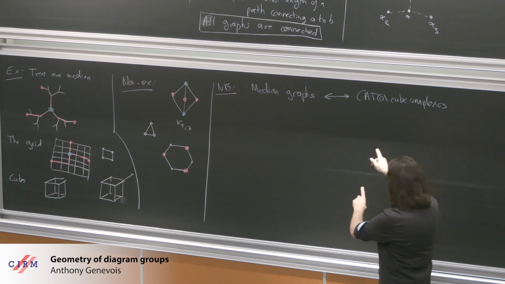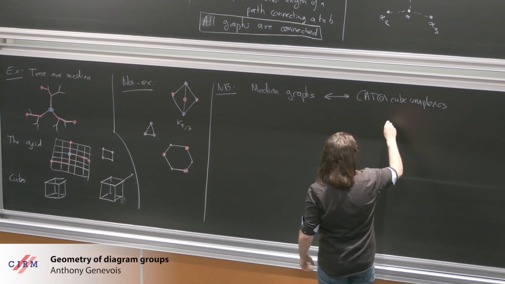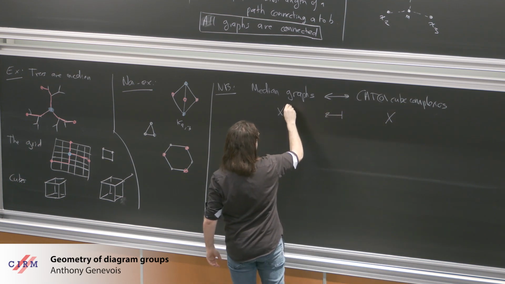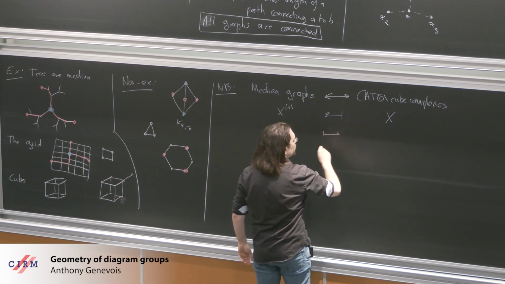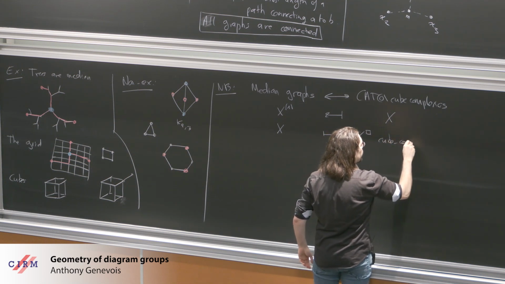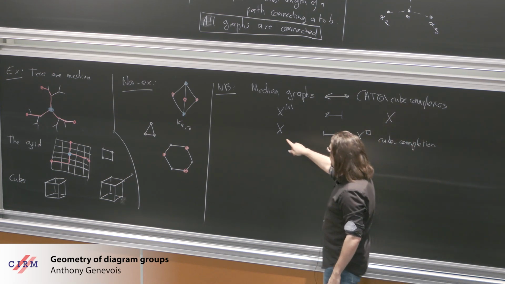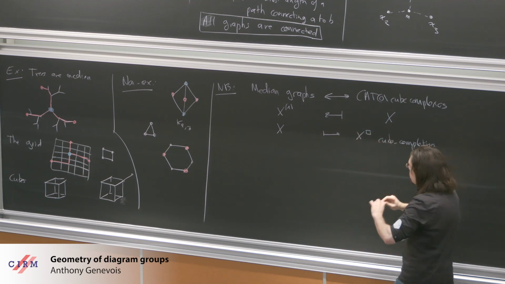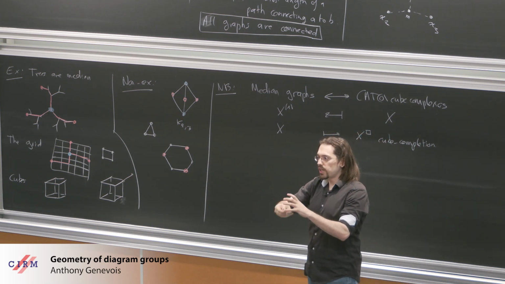And so there is a close connection between the two, and actually the two families of spaces are basically the same. If I take a CAT(0) cube complex, I can look at its one skeleton, and its one skeleton is always a median graph. And conversely, if I take a median graph, then I can look at its cube completion, which is a cube complex obtained from the graph by just adding cubes whenever you can. Each time inside the graph you see the one skeleton of a k-cube, you fill in with a k-cube.